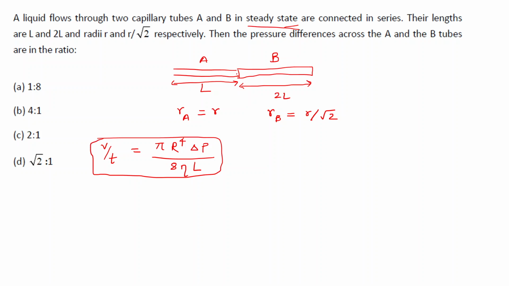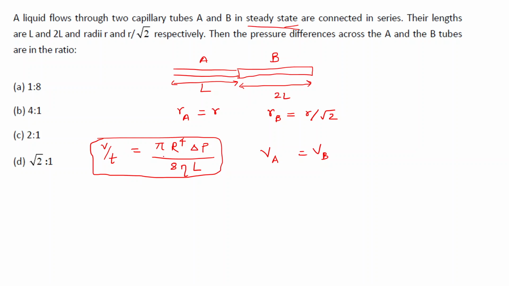Here the liquid flowing through this tube has a different radius, and this tube has a different radius. Since the volume of liquid flowing through tube A is equal to the volume of liquid flowing through tube B.